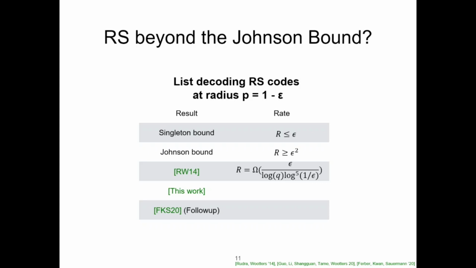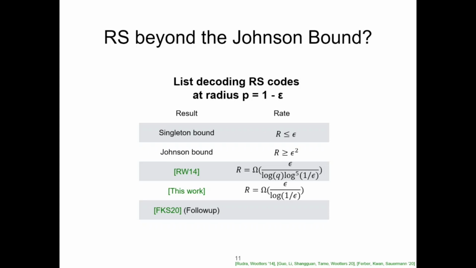The result of Rudra and Wootters shows that there exist Reed-Solomon codes whose rate is Omega of epsilon over log q times polylog of 1 over epsilon. So the denominator here has a factor log q, which is at least log n, and this is the reason that they improve the Johnson bound only when the rate is subconstant.